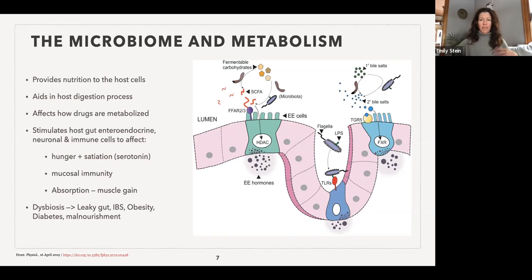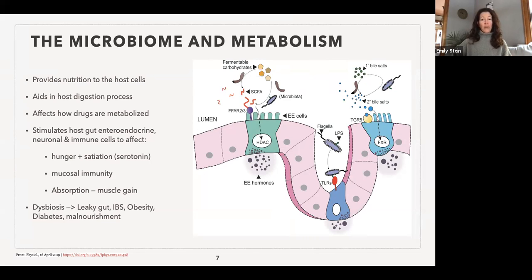So not only do they provide a physical and enzymatic process and role in helping host animals digest their foods and metabolize their drugs, but they also foundationally play a role in gut function and neuroendocrine function.